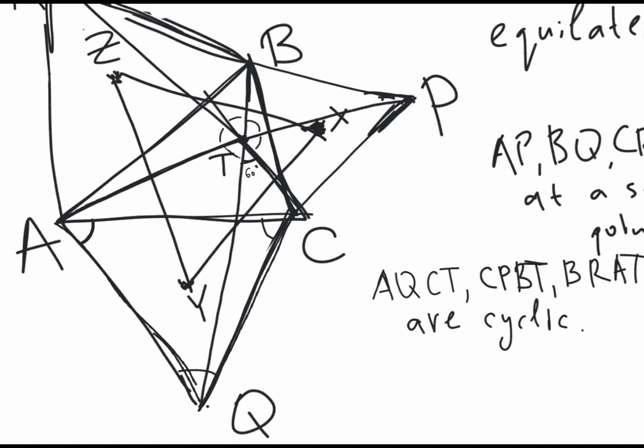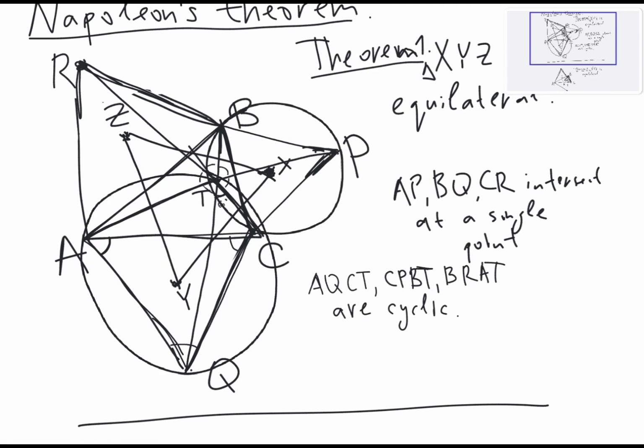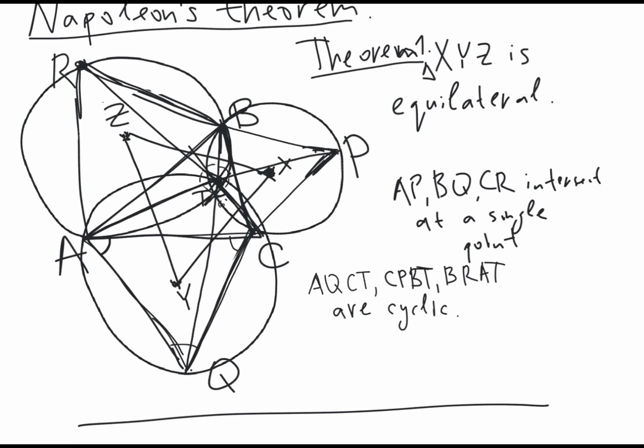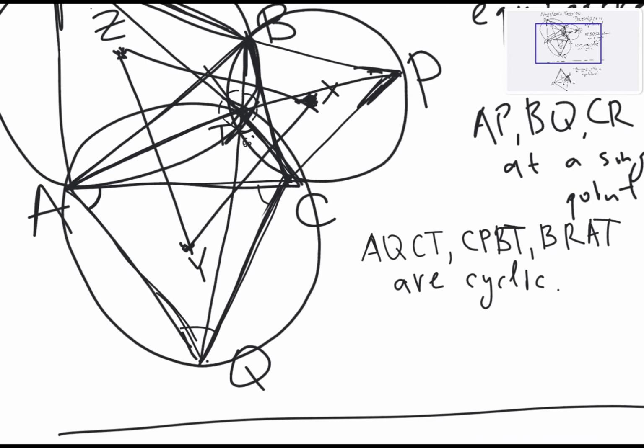So yeah, now we see that. Let's actually draw these circles. So there are these three circles that all intersect at point T, right? This quadrilateral being cyclic means, by definition, that there is a circle that passes through all four vertices of this quadrilateral. So these are the circles, and in particular we see that these circles are the circumcircles of the equilateral triangles, right?